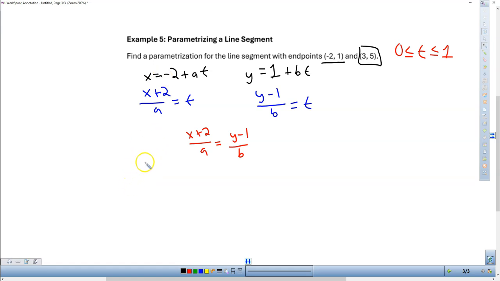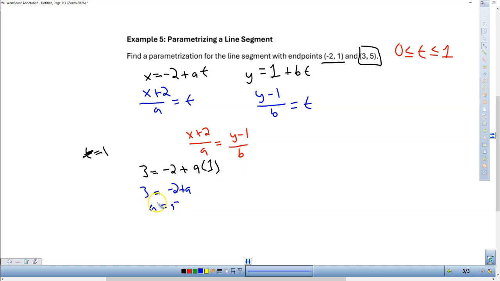So we have 3 is equal to -2 plus a. Because remember, we're plugging in 1 here for t, so this is the same thing as just saying times 1. If I work through this, we get 3 equals -2 plus a, which means that a has to equal 5.